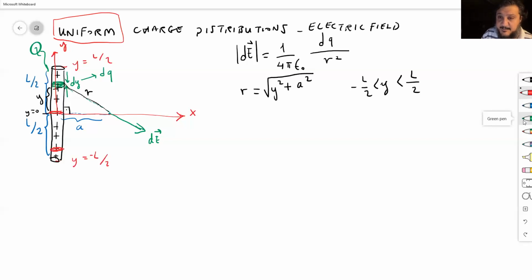So density. Density tells you how much charge you have in that small volume. Now, there are many options for the letter. Usually, people use lambda for linear density.